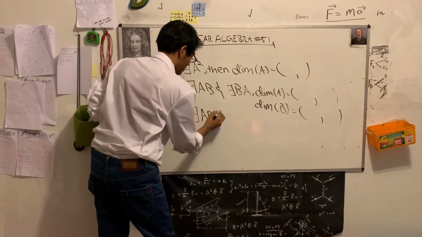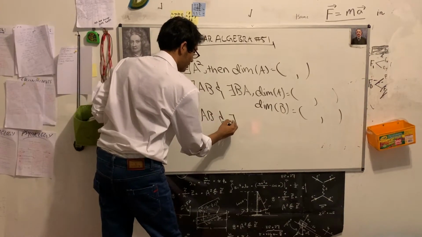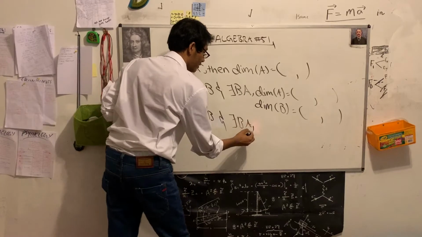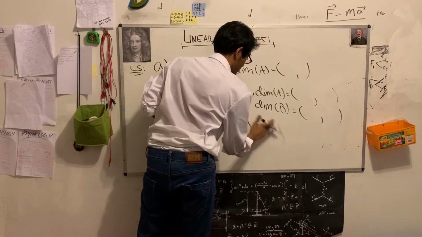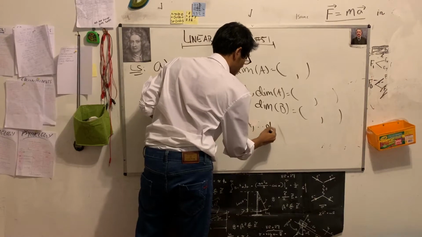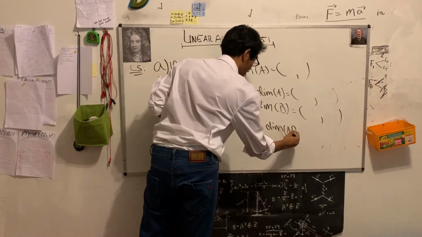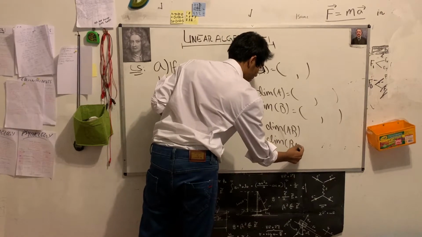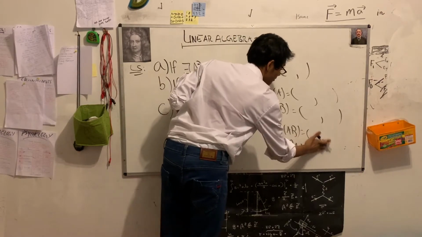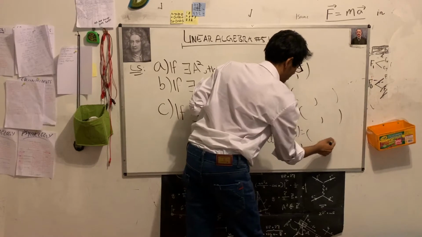If there exists a matrix AB and there exists a matrix BA, then the dimensions of A and B are something, comma something.